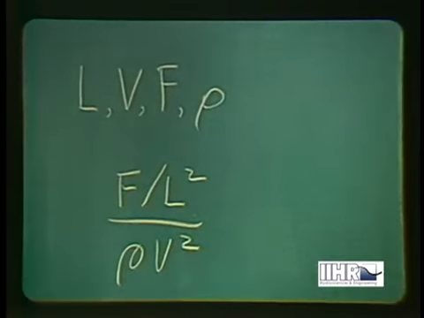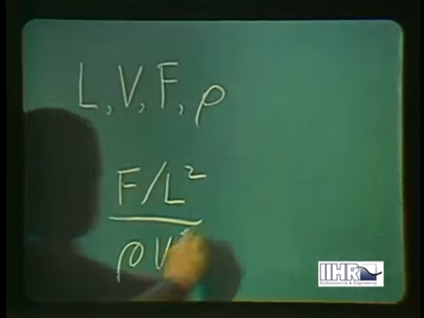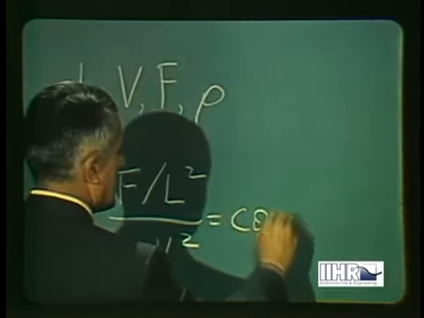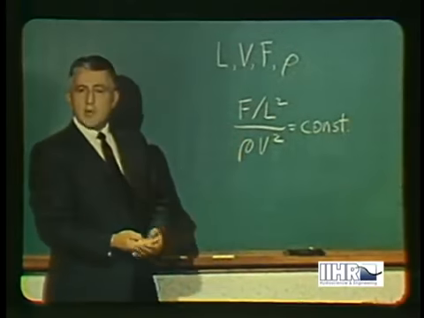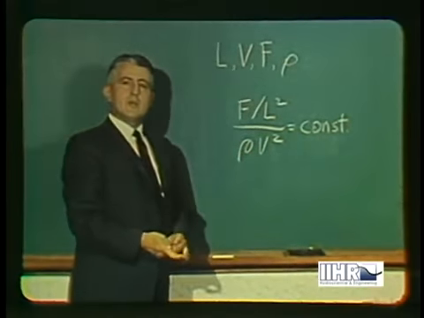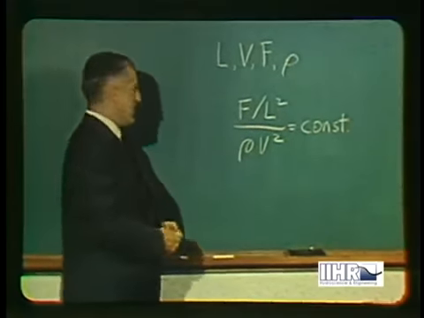And that, in addition, this non-dimensional ratio must be a constant. This non-dimensional parameter is frequently called the Euler number, and given the symbol of bold-faced E.